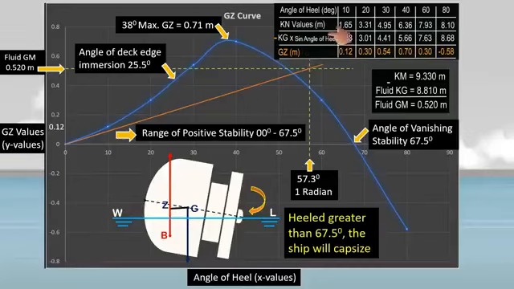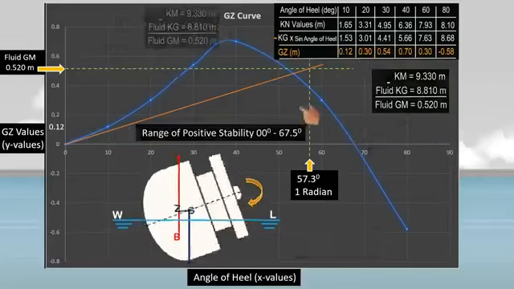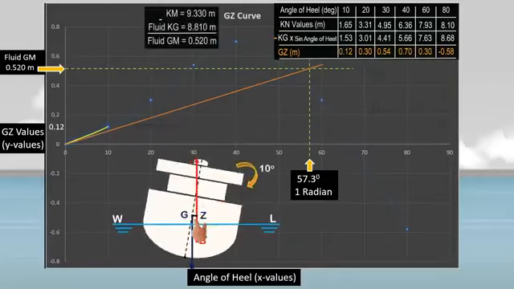At a 10-degree angle of heel, the GZ value is 0.12 meter. So the ship created a righting lever of 0.12 meter, and this is the point in the graphical representation. To determine the moment of statical stability, or righting moment, multiply the righting lever at 10 degrees angle of heel, which is 0.12 meter, by the ship's displacement.